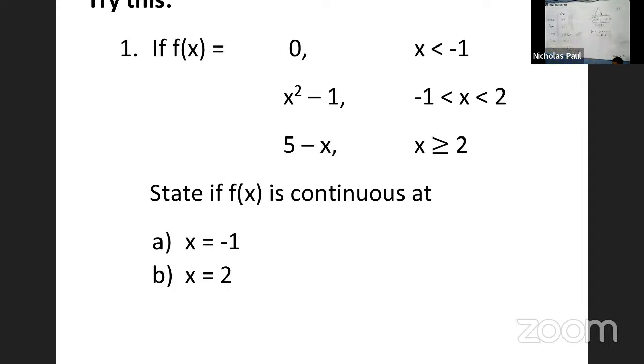So watch this here. x squared minus 1, 5 minus x. Let's see if we could do this.